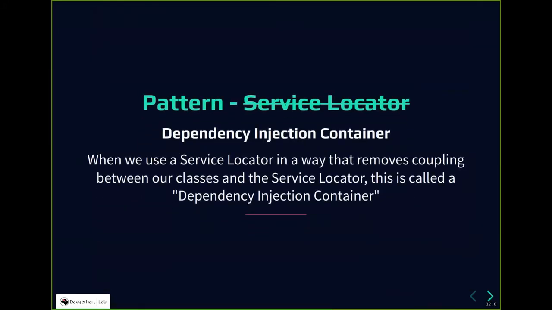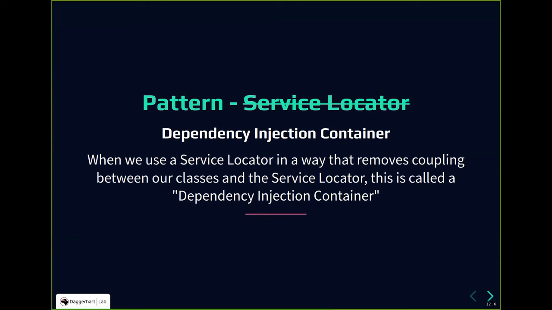Okay, so here's the point. If we change the way we use the service locator, and we don't make use of it inside of our class in a way that couples our class to the service locator itself, then it's no longer an anti-pattern, and it's no longer even called the service locator pattern.